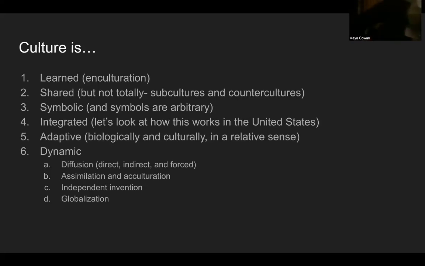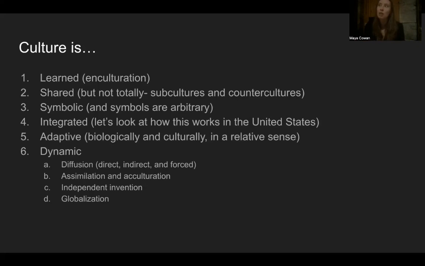But cultural adaptation means that we make cultural adaptations in order to overcome these same sorts of problems.